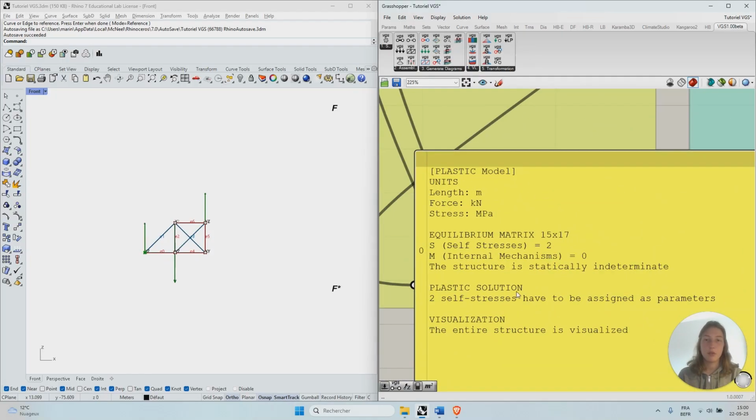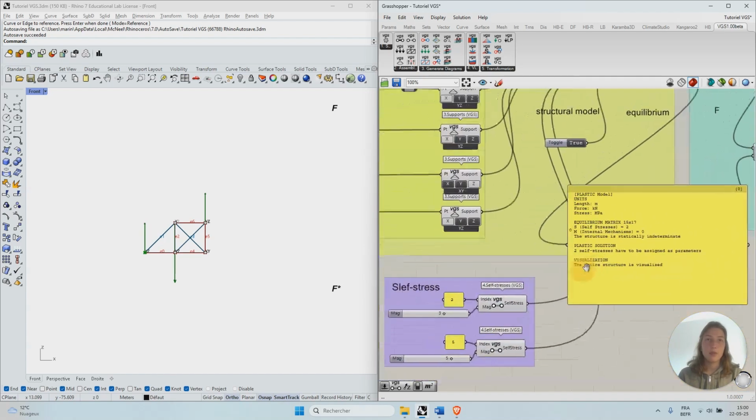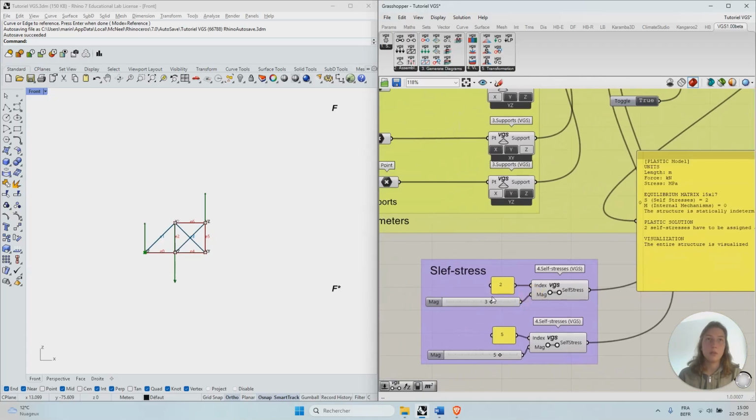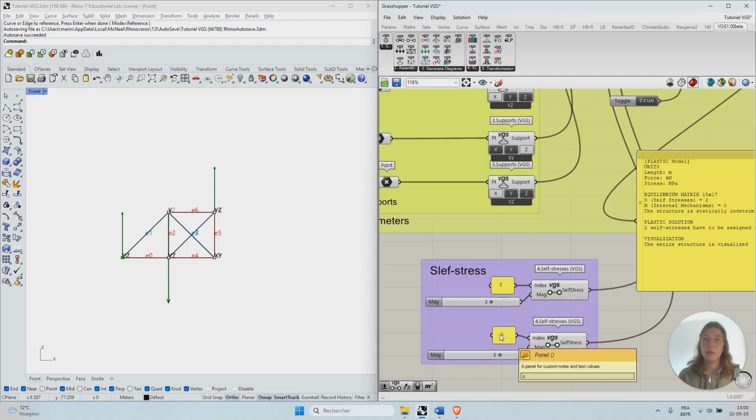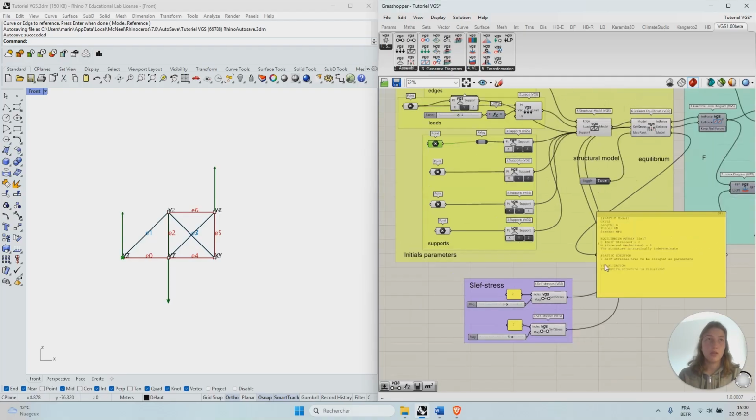So as before, it means that we have too many unknowns in relation to the number of equations. As before, we need to add self-stress components to reduce the system to a statically determined structure. I applied the first self-stress on the bar number 2, so this one, and my second self-stress on the bar number 5, so this one. When it's done, we can generate the form and the force diagram.